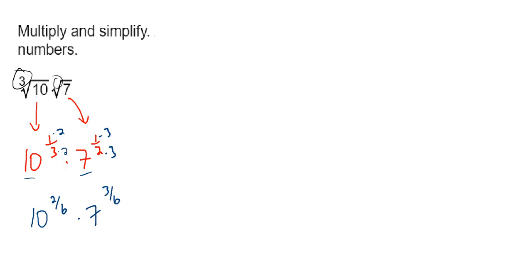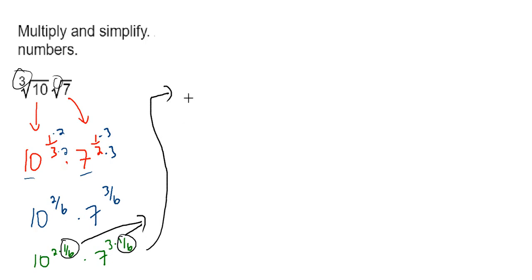Then we can separate the numerator from the denominator. I'm going to rewrite 2/6 as 2 times 1/6, and 3/6 as 3 times 1/6. Because we have the same exponent on both of these factors, that exponent can be taken outside parentheses. Inside parentheses I'll have 10 to the 2nd power left over, times 7 to the 3rd power.